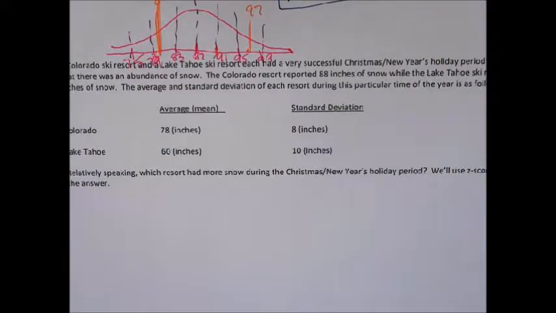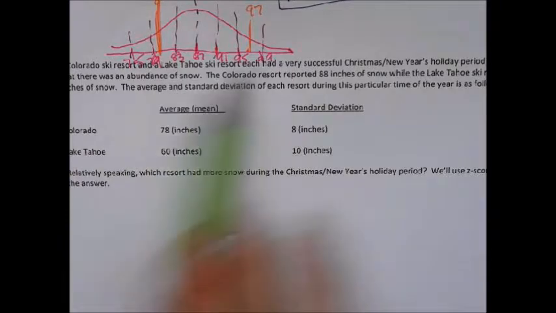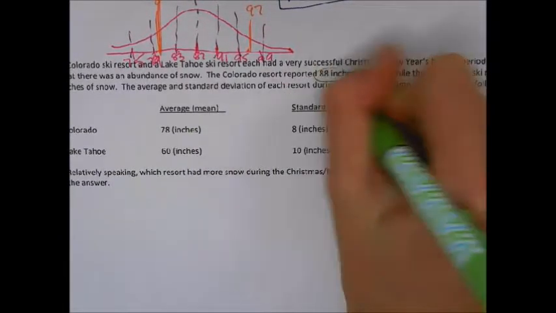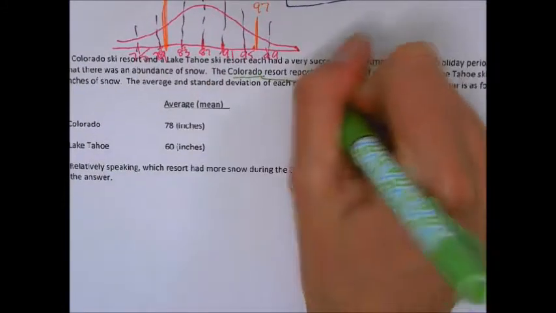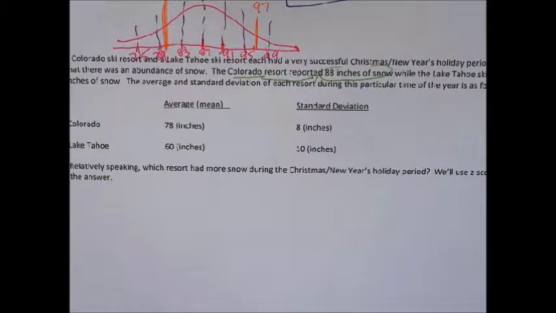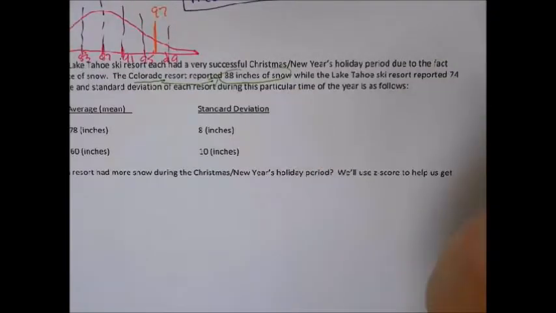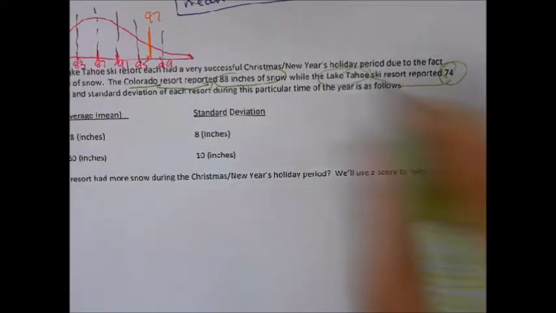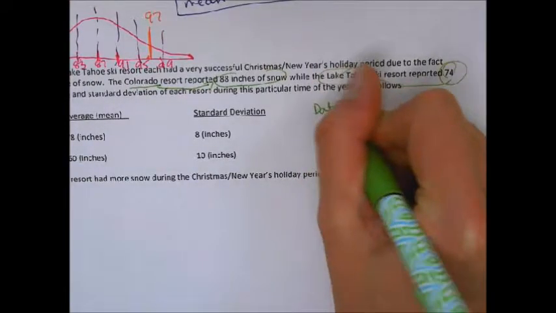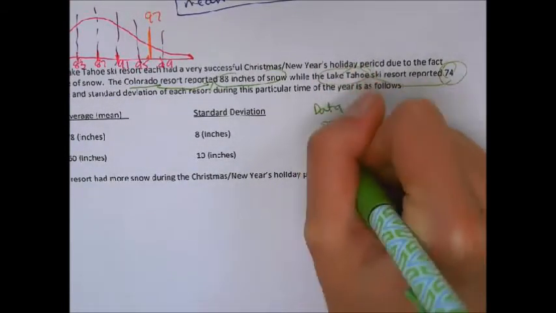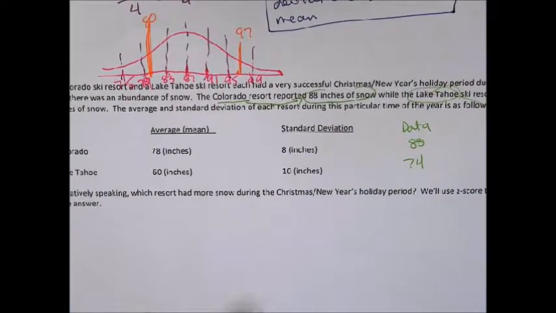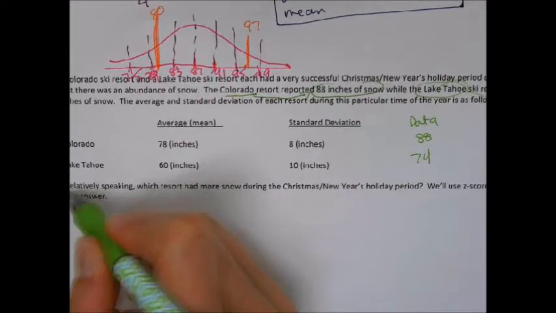Okay. So in this paragraph, there was an important number. Colorado was 88 inches. And then Tahoe was 74 inches. So our data: Colorado was 88, Tahoe was 74. So which one had more snow, relatively speaking?